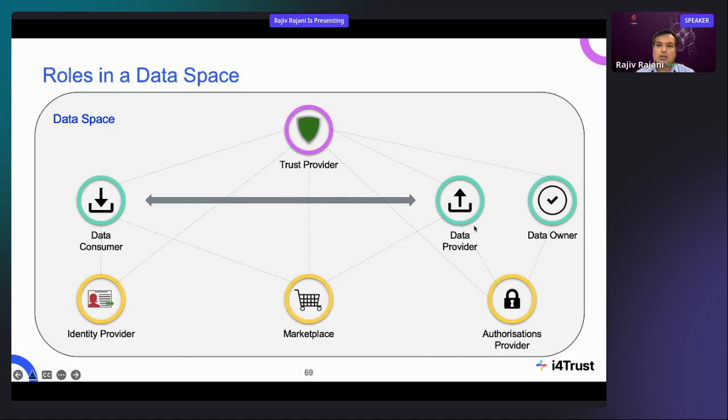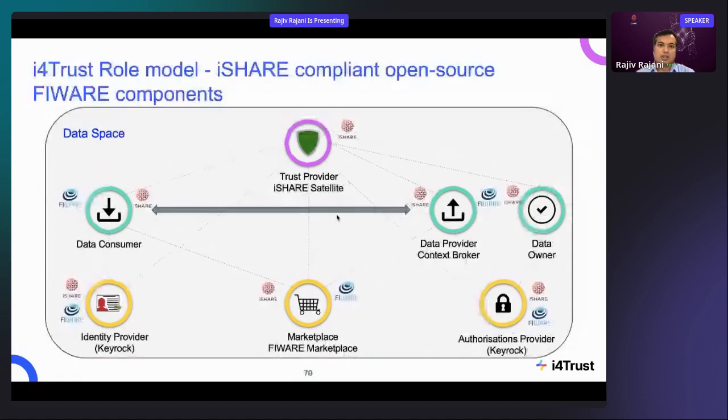This procurement is automatic, such that the marketplace itself creates a policy in the authorization registry for that data consumer once it has procured that. You will also learn that in detail in the reference example, which is covered in the session on Friday.